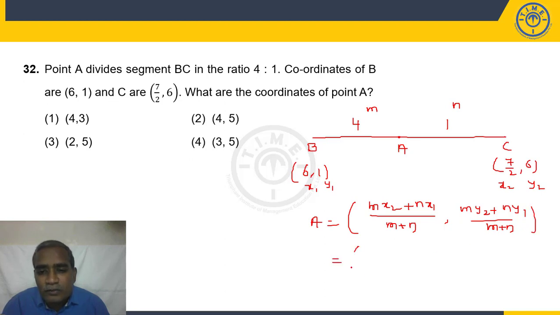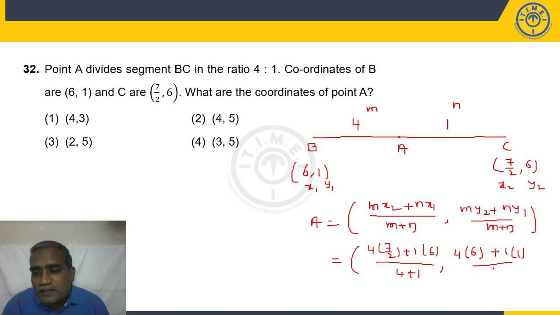This is equal to (4 into 7 by 2 plus 1 into 6) by (4 plus 1), comma (4 into 6 plus 1 into 1) by (4 plus 1).